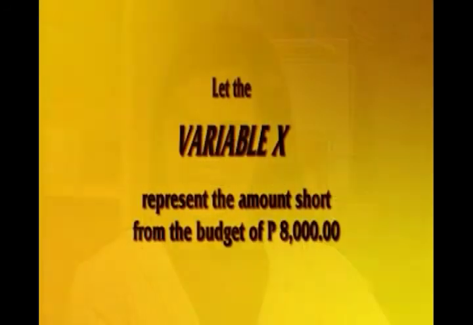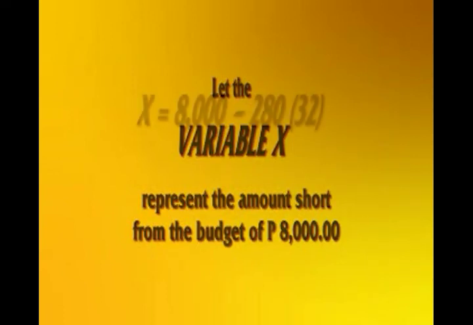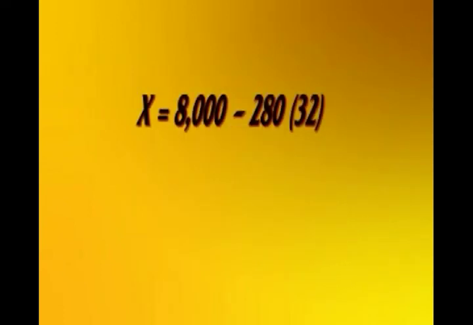Given the budget of 8,000 pesos for 32 days and the actual daily expenses of 280 pesos, how much more money will be needed? Using a variable in a mathematical expression, let x represent the amount short from the budget of 8,000 pesos. First, find the total amount spent for 32 days at 280 pesos daily expense.